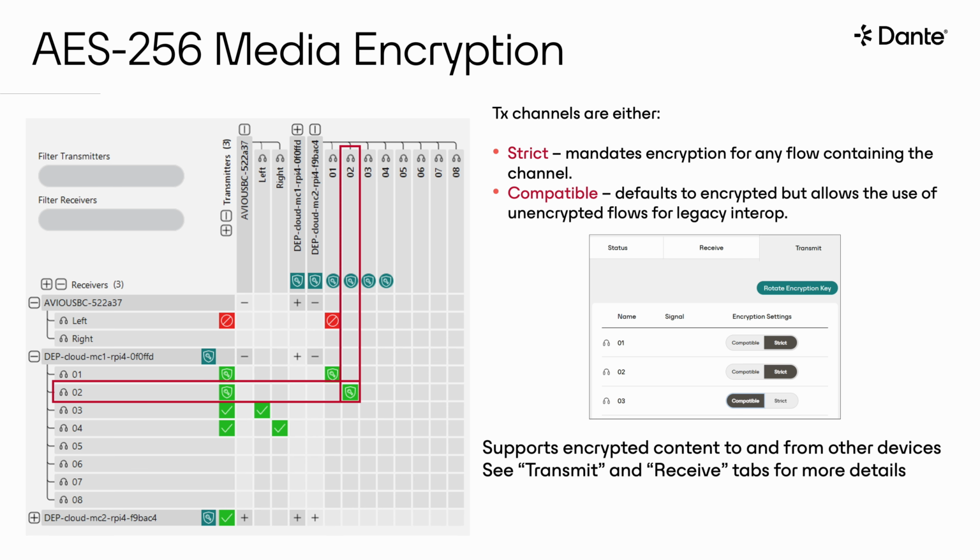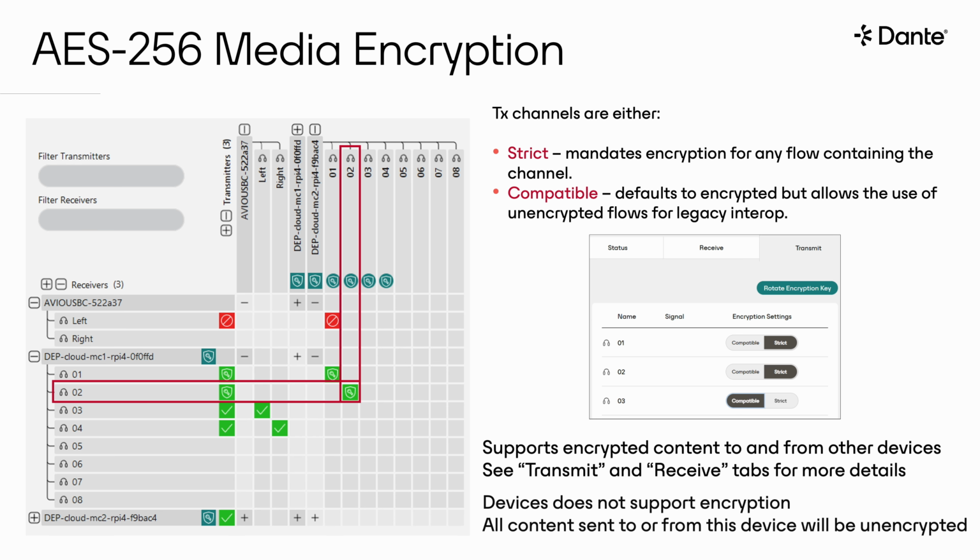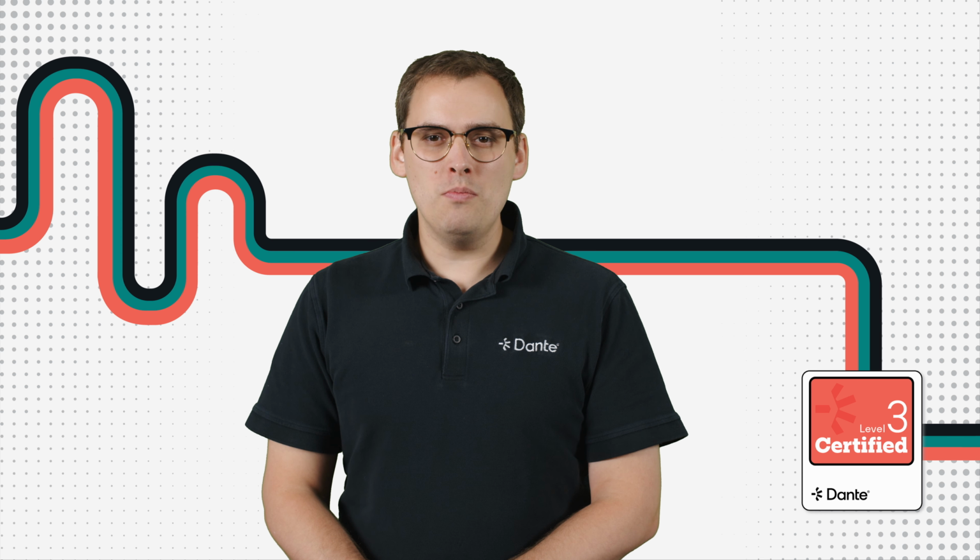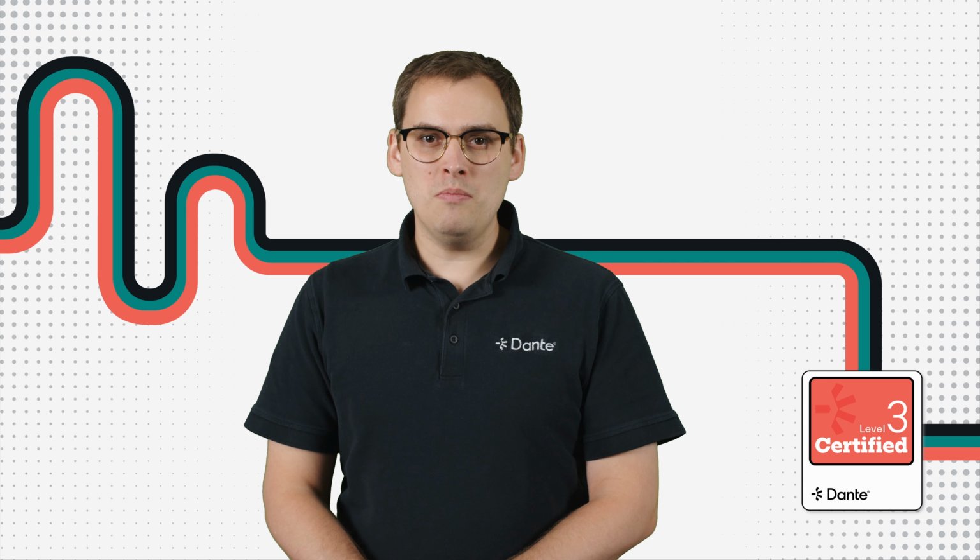Devices that do not support encryption are clearly flagged, making it easy to maintain visibility and compliance across large systems. There's no manual setup required. Dante handles all encryption key management internally. That means encryption happens automatically and securely, with no extra latency and no impact on system performance.